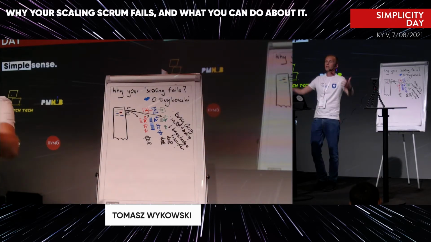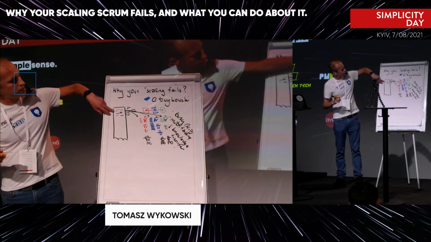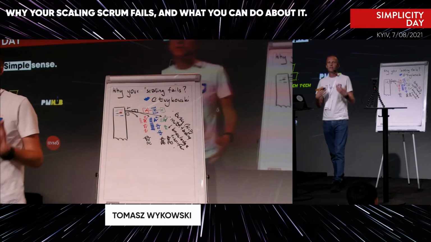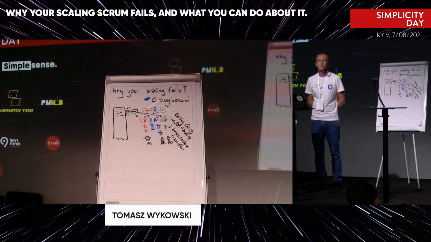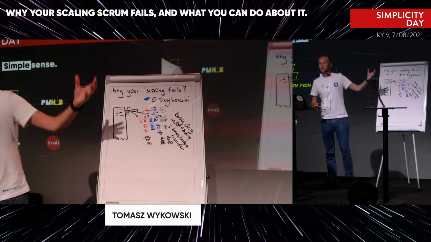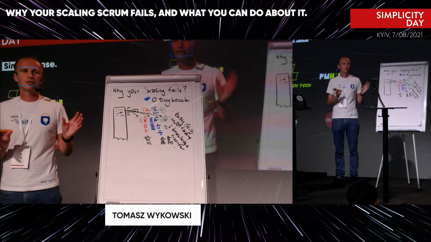So the next iteration we start, and Team C takes care of this item. So they finish their part, and they integrate, and what they do find out is it's not working. I mean, you've been there, right? You build one part of the system, you build the second part of the system, and the integration does not work.